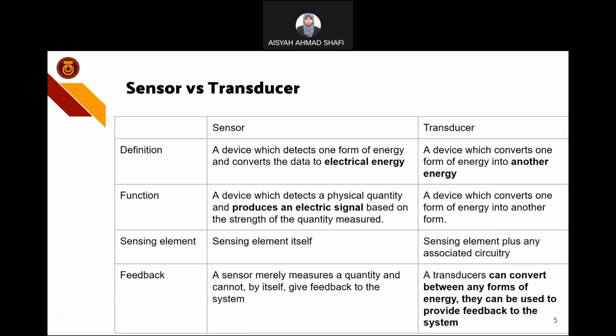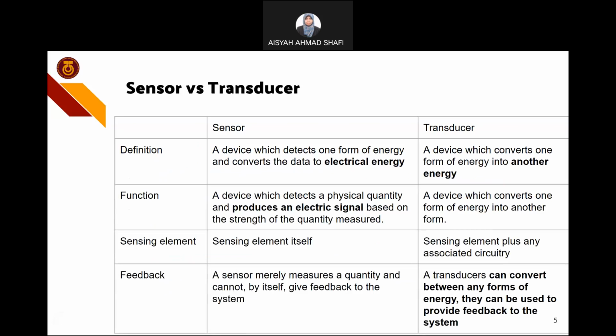Alright, so as a comparison of sensor and transducer, a sensor detects, as I said just now, one form of energy and converts the data to electrical energy. On the other hand, the transducer converts from one form of energy into another form of energy.